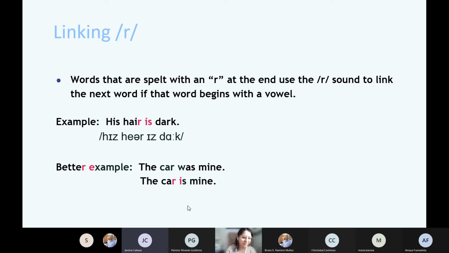So now we are going to practice. Oh, first I am going to ask you to pronounce these. So, Amaya, you are now the first one on my list. Can you pronounce the 3 examples, please?